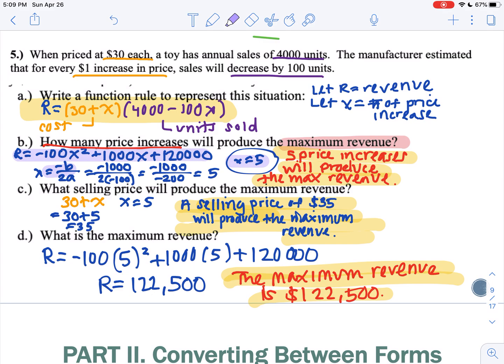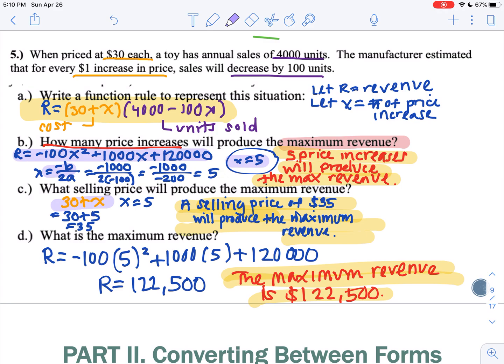Since there's 5 price increases, I'm going to figure out, well, what's the cost? What's the selling price, right? If it's an original price at $30 and I increase it for $1 every price increase, well, we just plug it back into 30 plus x. So our selling price is $35. So at 5 price increases, the selling price is $35.